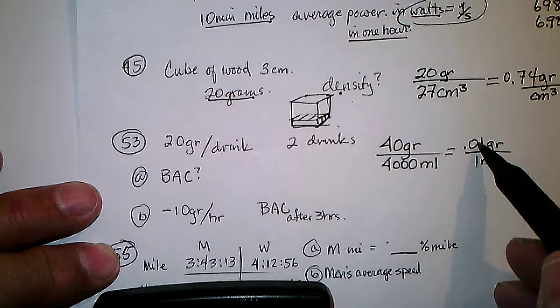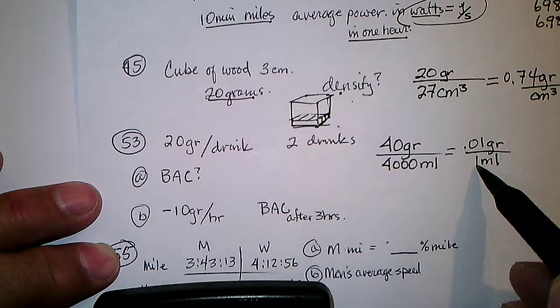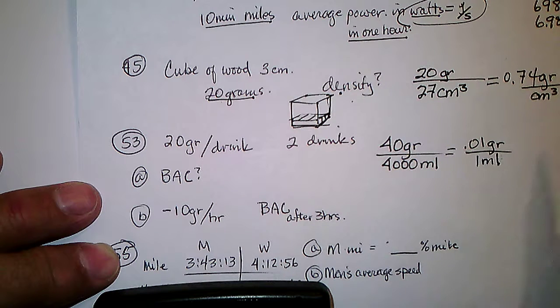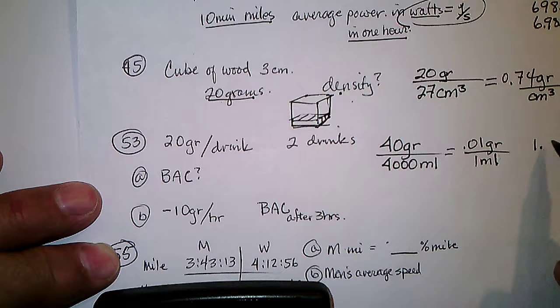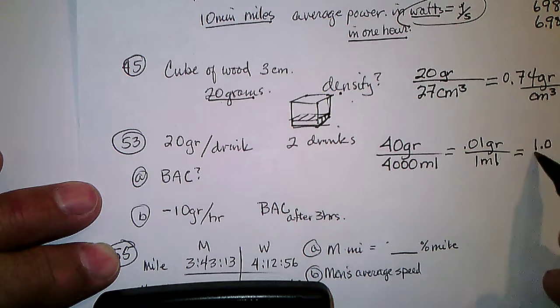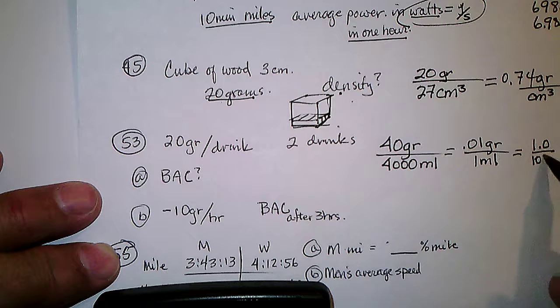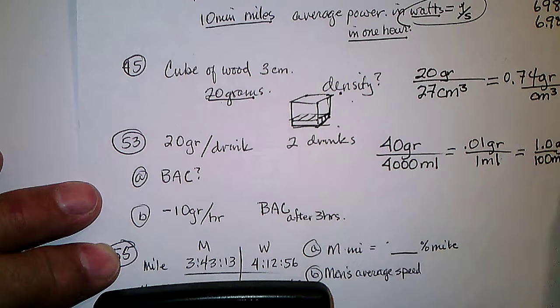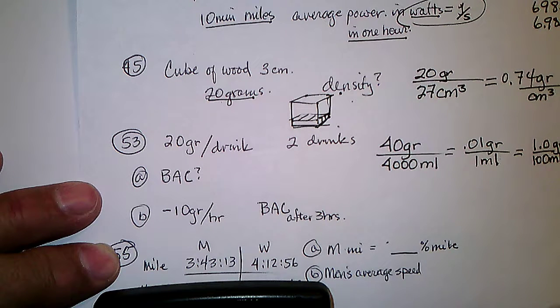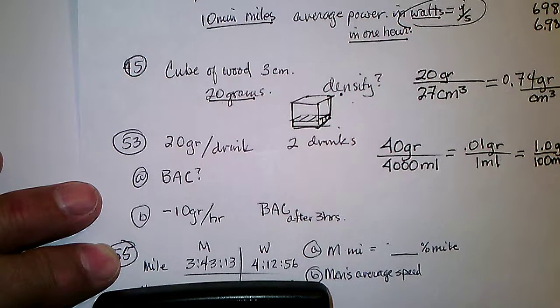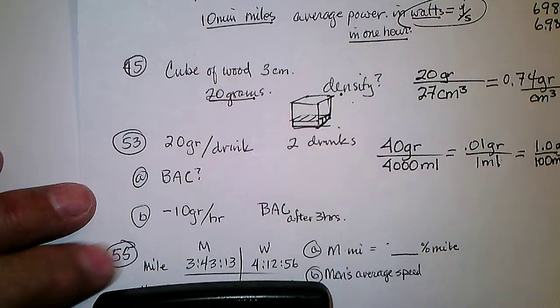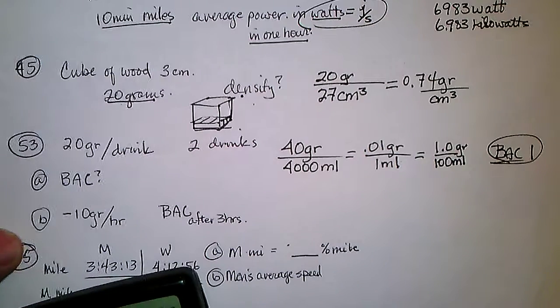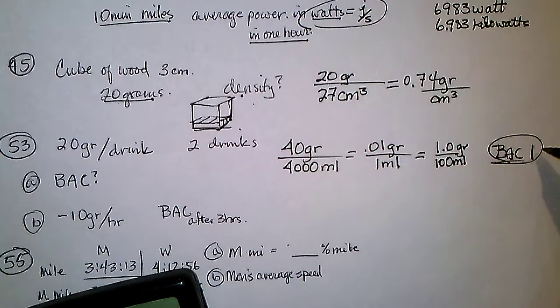So we have to multiply the numerator and denominator by 100. 100 times this is 1.0 per 100 milliliters, which means the blood alcohol percentage would be 1. Now, a blood alcohol of 1, a person would die.